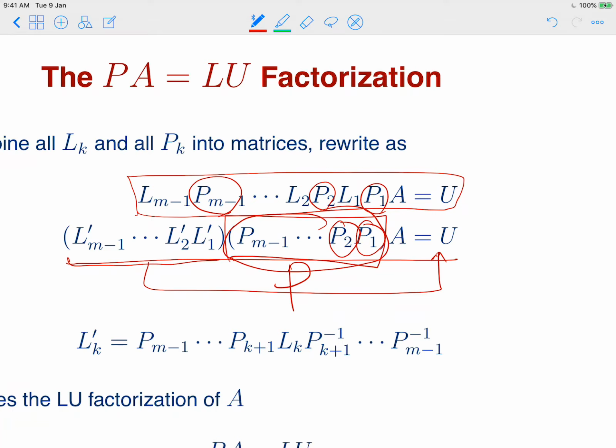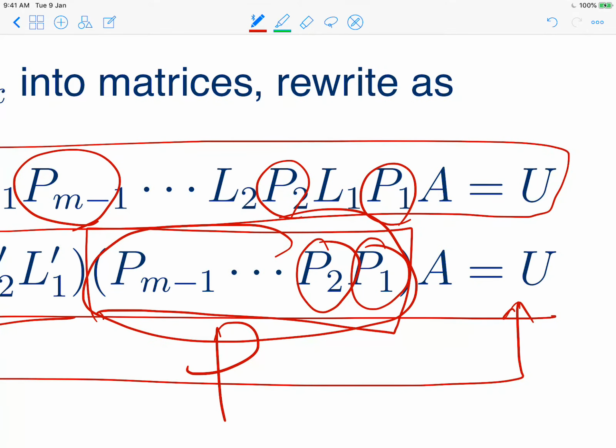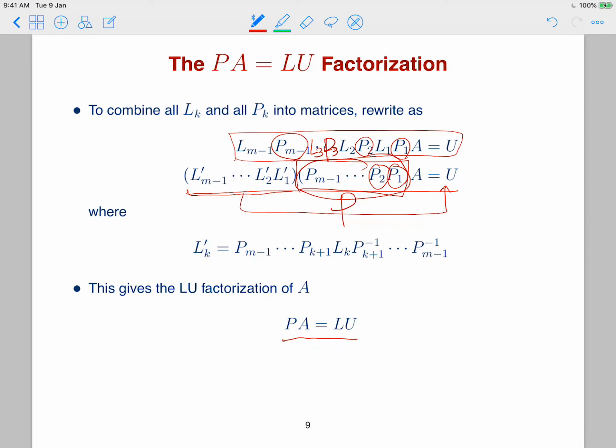Okay, so let me show the main trick that we use to change the upper equation into the equation on the bottom.